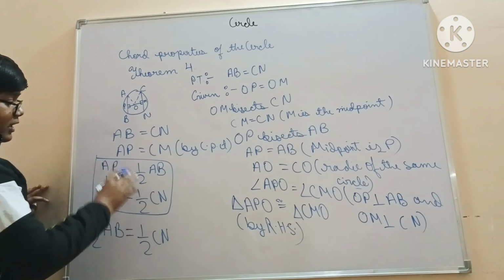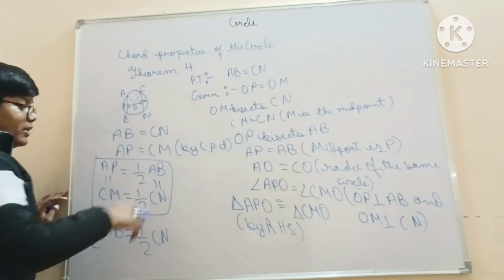As AP and CM are equal to each other, these both the values will also be equal to each other.